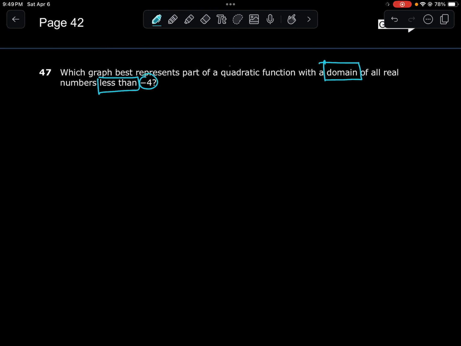Maybe we should review what domain is, and whenever we talk about domain they could also ask me for the range, so those go together. Domain goes with x, range goes with y. X represents inputs, domain is all inputs or all x allowed, and range is all outputs.